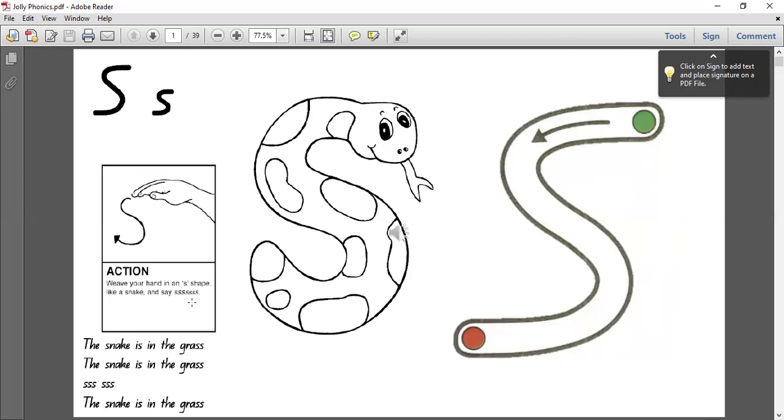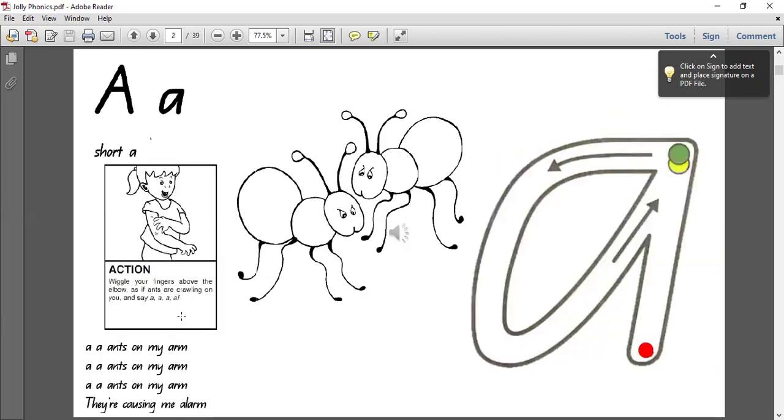This is how we sing, and we will do an action also, which is already written here. You can use this language to understand the actions of Jolly Phonics rhymes, and of course sound is there.